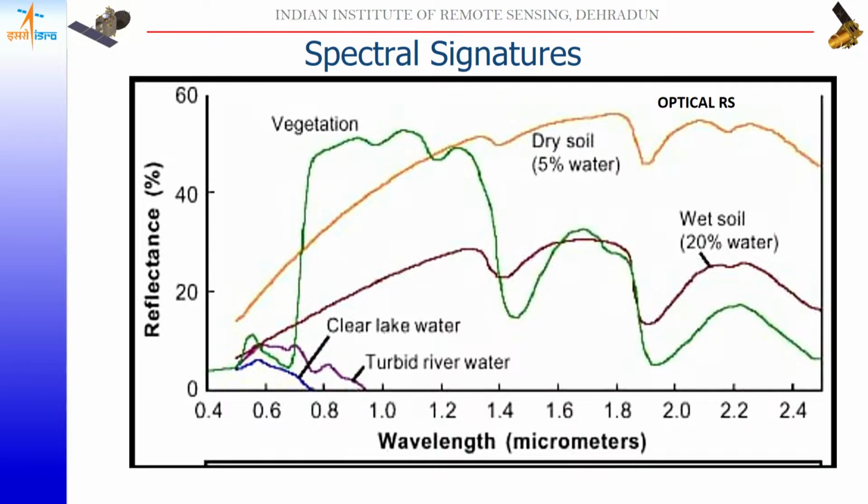In optical remote sensing, these signatures are defined in terms of spectral reflectance. So that means on the x-axis you have wavelength and on the y-axis you have spectral reflectance. And the different features will exhibit different characteristics here. Right, as I said, the details will be covered in the forthcoming class, so I'll refrain from discussing much on this, but here you just try to understand that signatures of different material is different. The signature of forest will be different from agriculture.